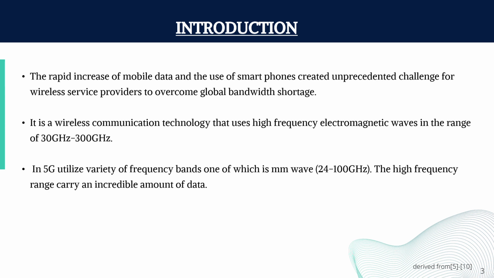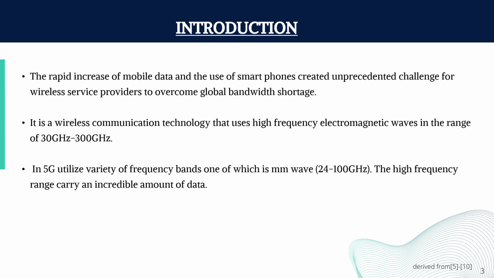In the introduction, the rapid increase of mobile data and the use of smartphones created an unprecedented challenge for wireless service providers to overcome the global bandwidth shortage. Millimeter wave communication technology is a wireless communication technology that uses high frequency electromagnetic waves in the range of 30 GHz to 300 GHz.